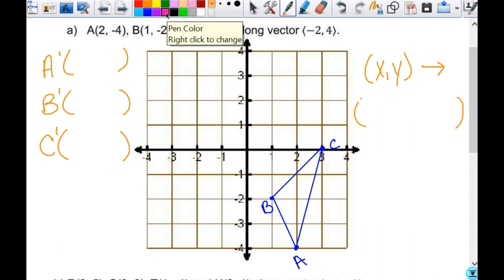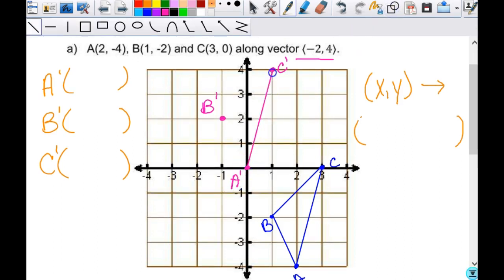So my C, I'm going to take C, and that -2 means I do what? Because this is my vector. I'm going to go to the left 2 and then up 4. So this is C prime. I do the same thing for B, to the left 2, up 4, and then the same thing for A, to the left 2 and up 4. And when you're plotting the points, just counting from the graph is probably the easiest most of the time.